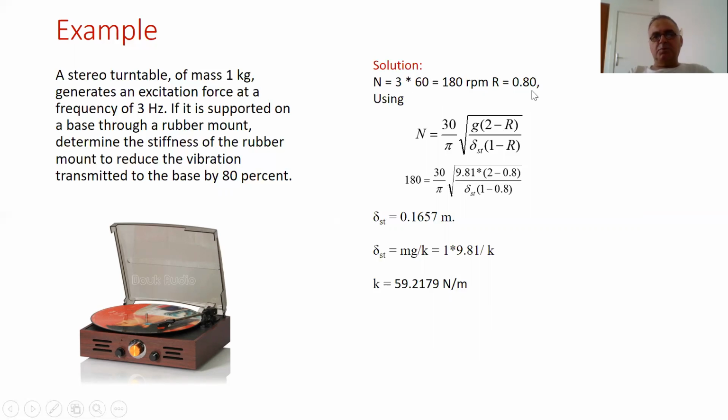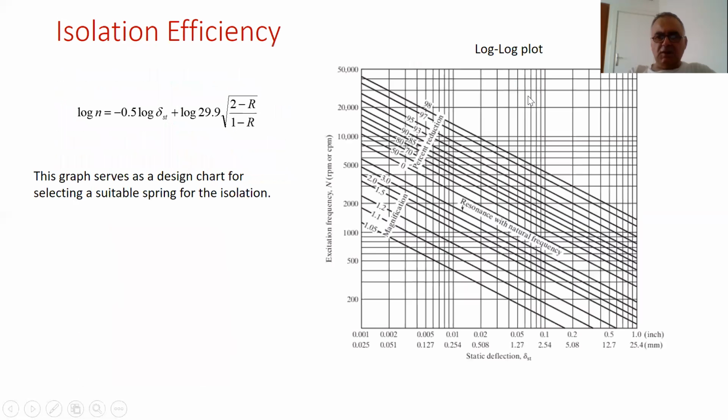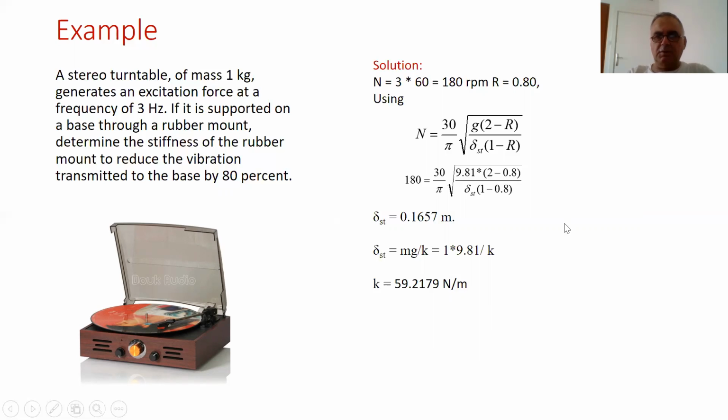R is 0.80. If you go to this chart, well, you are way out of this chart because you are somewhere around here and you cannot really reach the 80%. So you have to use the formula here. N is equal to 30 over pi, etc. You substitute everything into the equation and find that the static deflection needs to be 0.16 meter or 16 centimeters, which means that the spring constants are really very, very low.